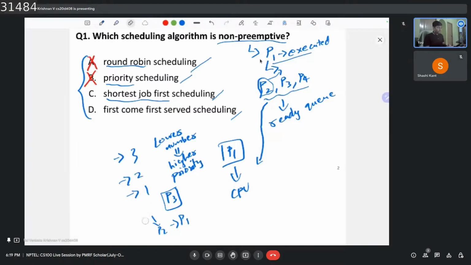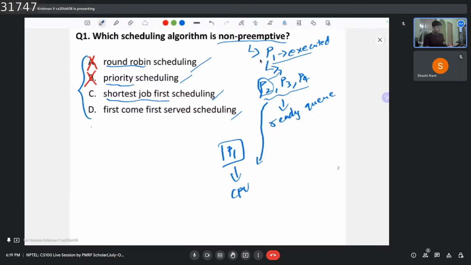So in the SJF scheduling algorithm, the whole concept is, say we have P1, P2 and P3, and the CPU burst time is 4, 2 and say 1.